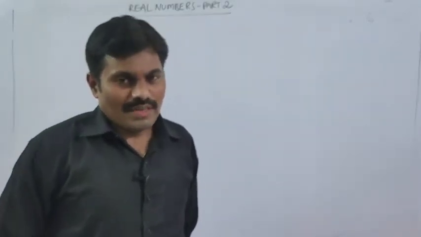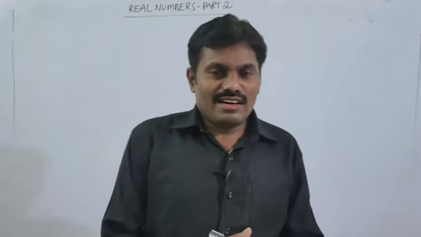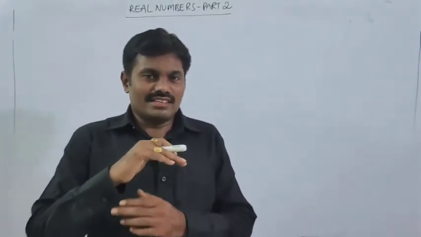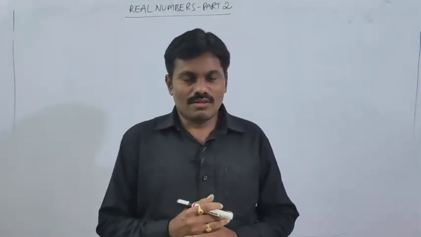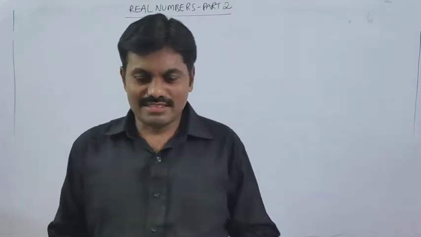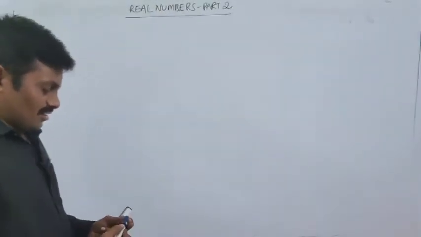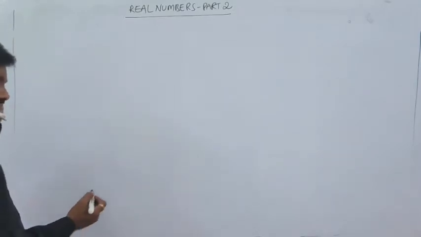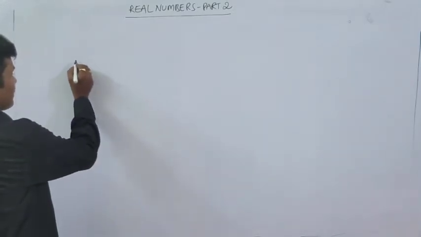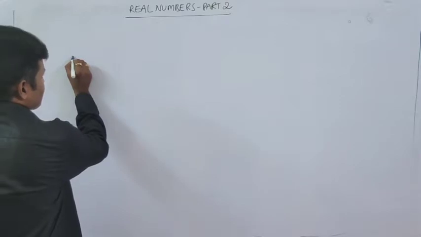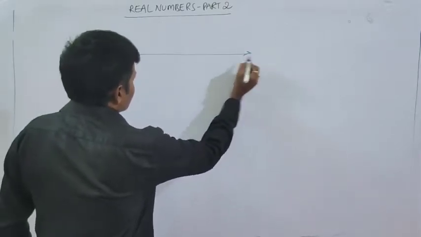Before going to the topic, we have learnt in 8th class itself how to represent rational numbers on a number line. Based on that, what is a number line? A number line is a real number line.